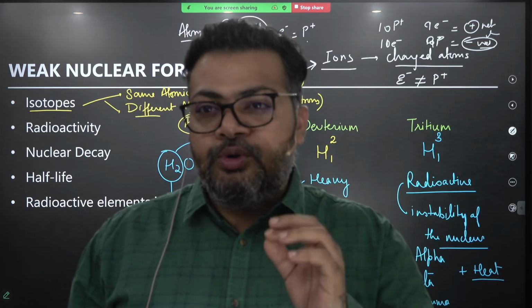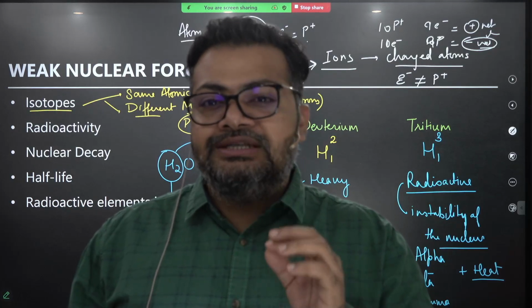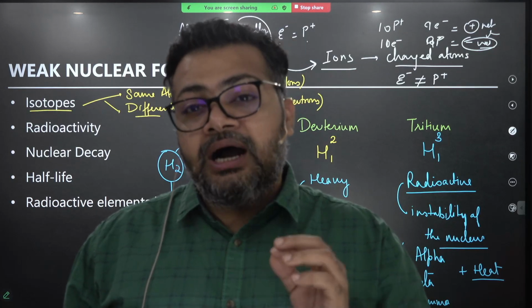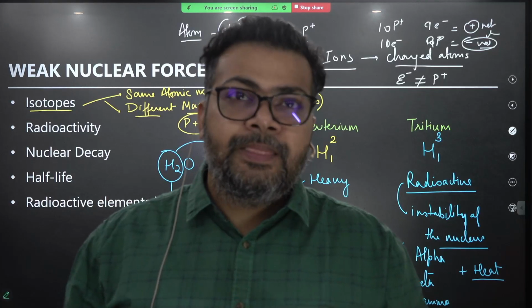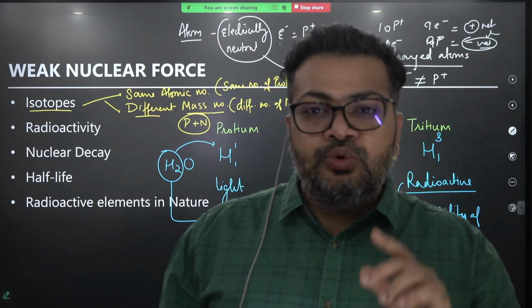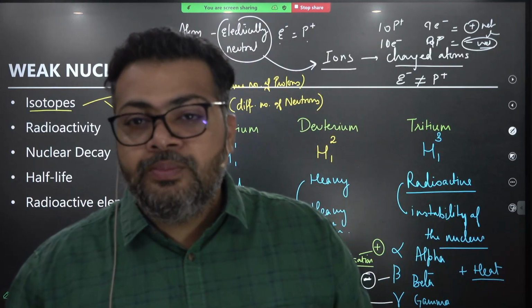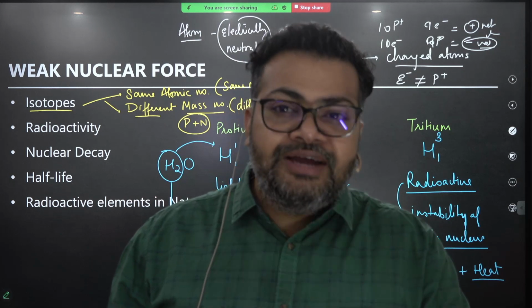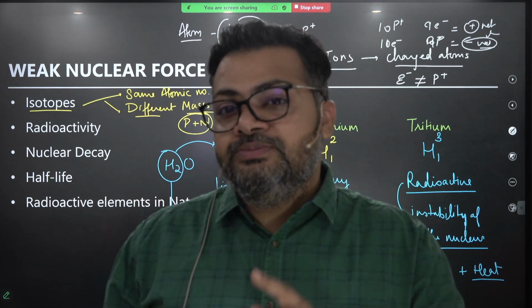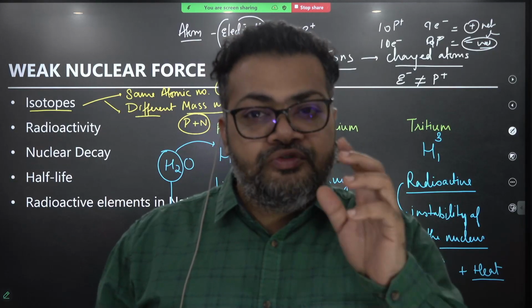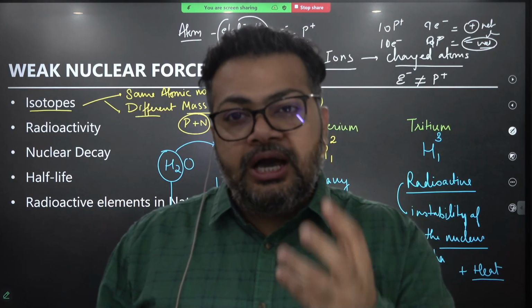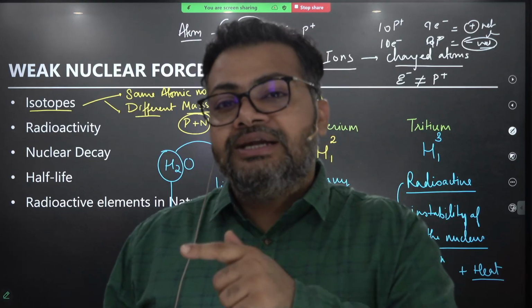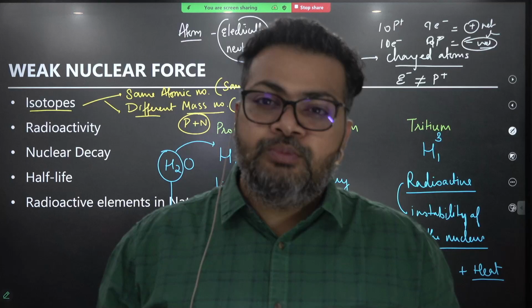The lucky ones died immediately and the unlucky ones survived, right? That means the people who died immediately after the nuclear bomb were still the lucky people. And the people who survived were the unlucky ones, because they did not just have to face the heat of the bomb, but now they have to face the radioactive radiations released from that same bomb.